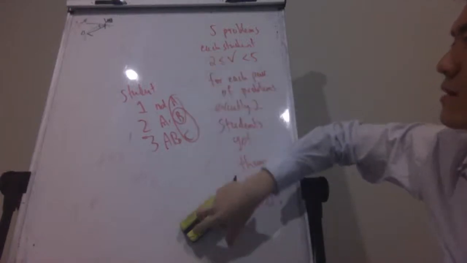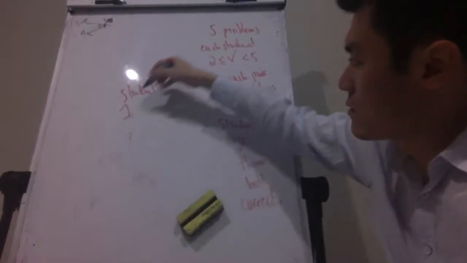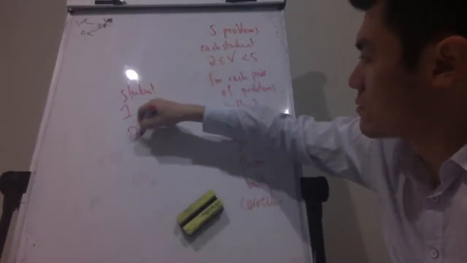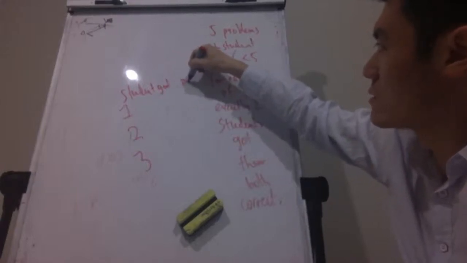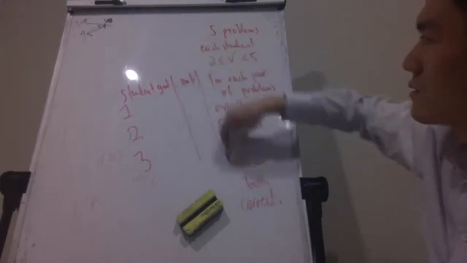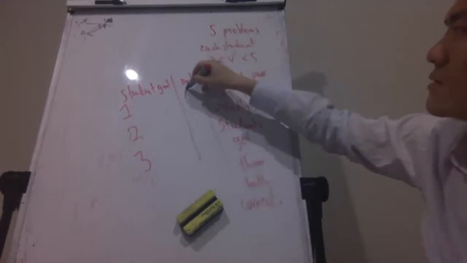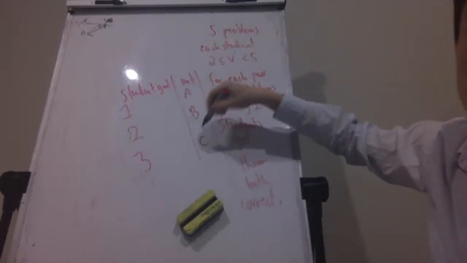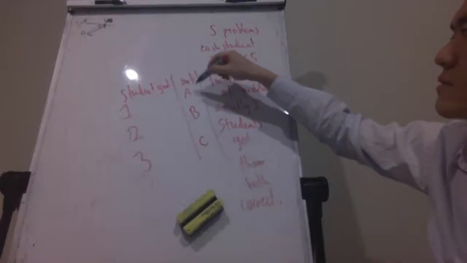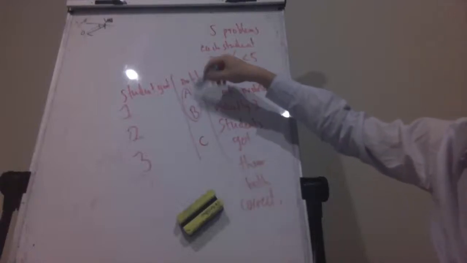Sorry, this is bad. I should write it better. Okay. So that's student 1. So 2, 3. These are the students, right? So this is what they got, and this is what they didn't get. So say they didn't get some different stuff. Then compare AB.